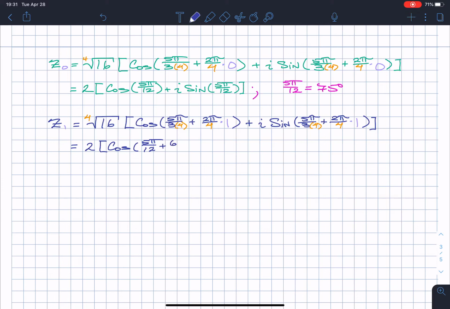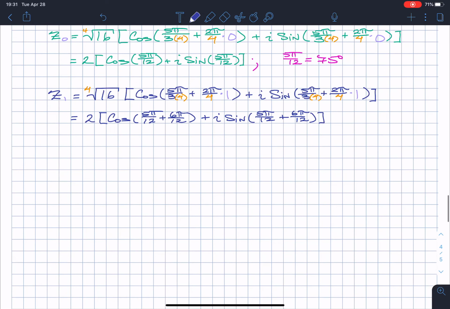So this will give me 6 pi over 12, plus i times sine of the same sum, 5 pi over 12 plus 6 pi over 12. 5 plus 6 is 11 pi over 12. 11 pi over 12 plus i times sine of 11 pi over 12.